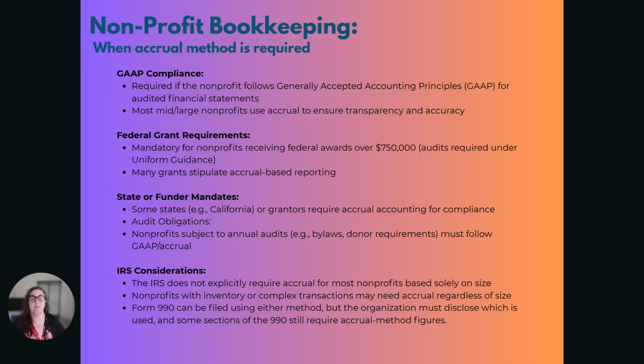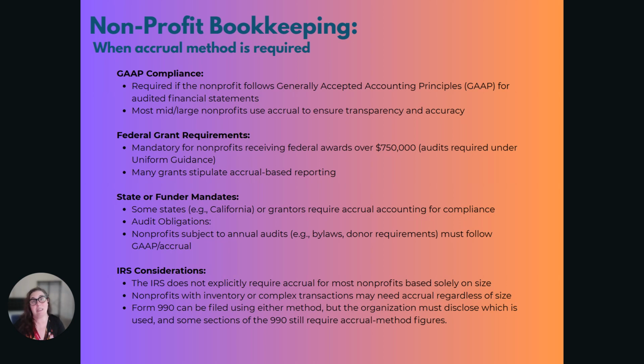Grants is another reason. If the grant is $750,000 or more, then automatically it's required that it be accrual-based accounting. But there are a lot of grants that are less than $750,000 that will require the nonprofit use accrual-based methods.